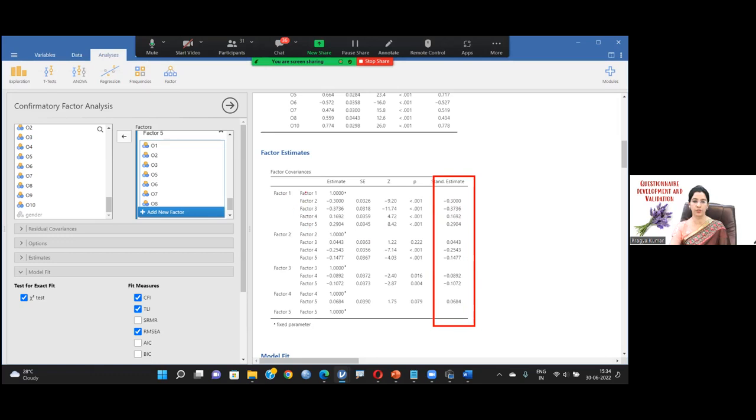It takes the factor as 1, and with respect to that, it computes all the other covariances. This is a standardized estimate. Again, with the p-value, you can say that there was a covariance between all the factors except this one. If you see this 0.22, there is no covariance between factor 2 and factor 3 because the p-value is not significant. The rest of the p-values are significant.